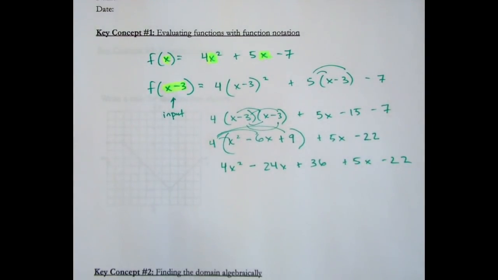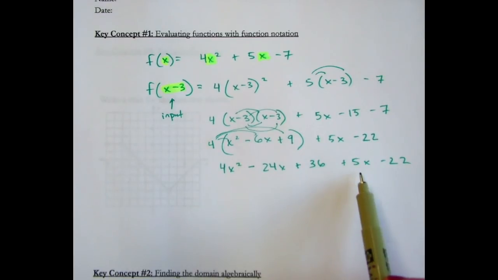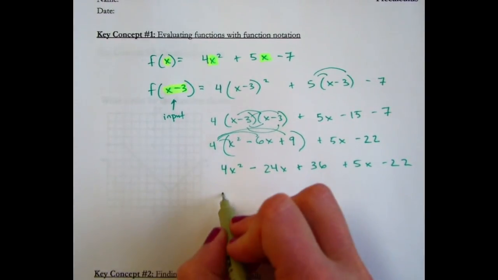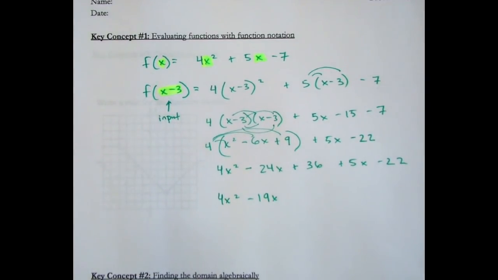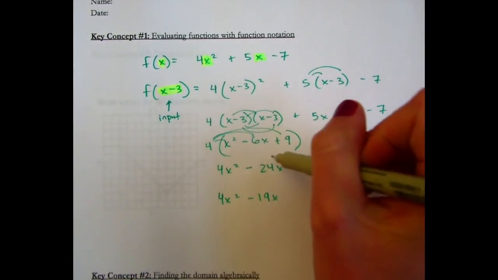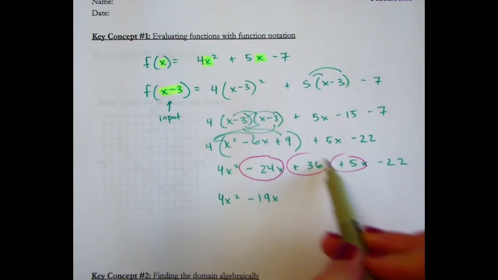I'm just going to combine like terms. So negative 24 plus 5 is going to be negative 19x. Sometimes it helps to circle the common terms, the like terms, so you know what you're going to combine.